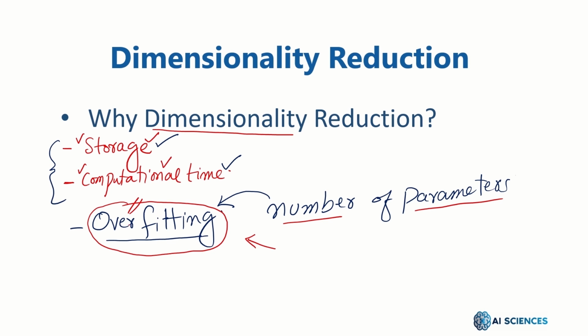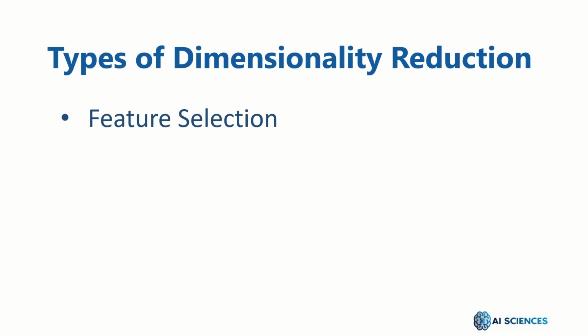This is the problem we have to face if we build any machine learning model on data with high dimensions. So we need to reduce the dimensionality to improve our storage, to improve our computational time, and primarily to improve our model generalization and decrease overfitting. So that's the motivation. If not in all cases, in several cases, we really need to reduce the dimensionality.